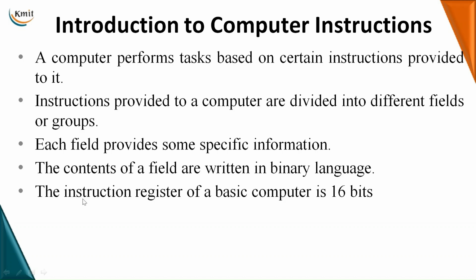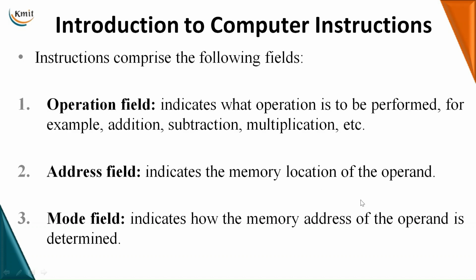As we already know, the instruction register contains an instruction of size 16 bits, right? And this particular instruction has three fields: an opcode field, an address field, and a mode bit.